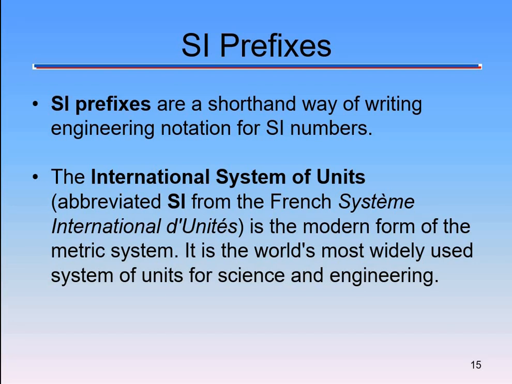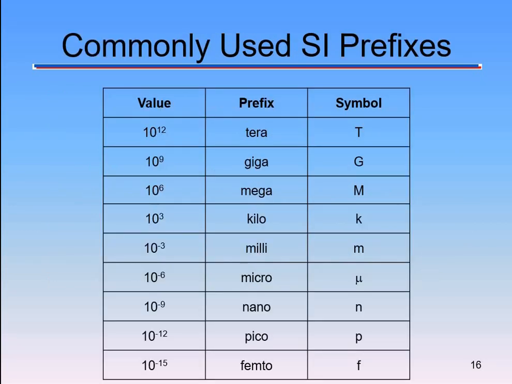We are going to be using SI prefixes in all of our mechatronics engineering courses that you're going to be taking as you go through the program here. So it's very important that you start getting used to some of these, and you probably know some of these as well. These are some of the most commonly used ones that we use on an everyday basis.